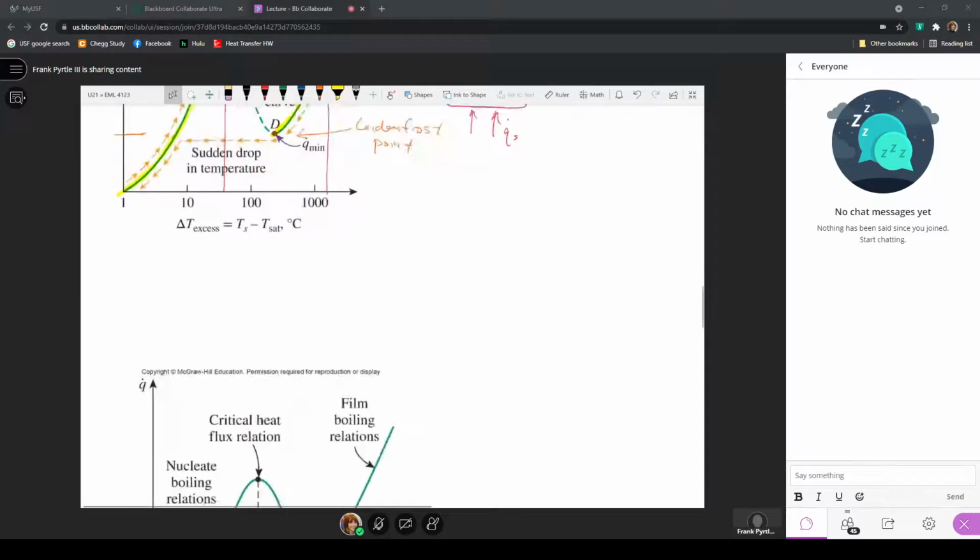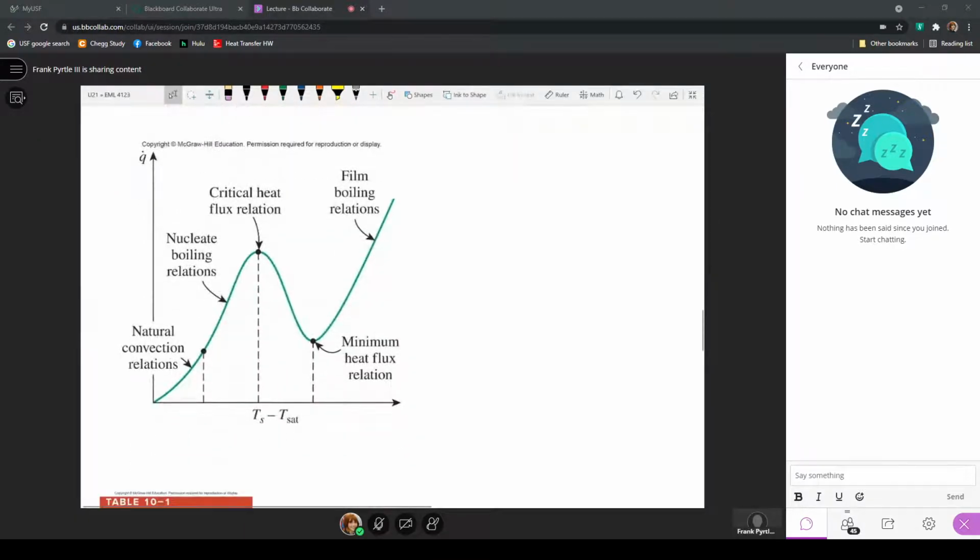Now, all of these expressions, well, here just written again, this schematic, or this figure, is an indication of all of the correlations that have been developed.